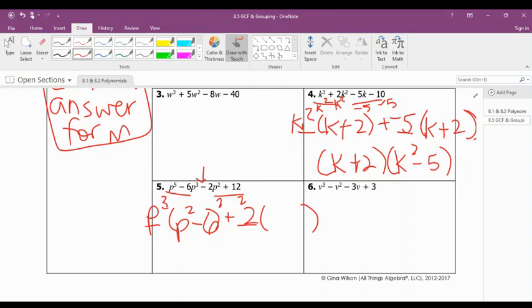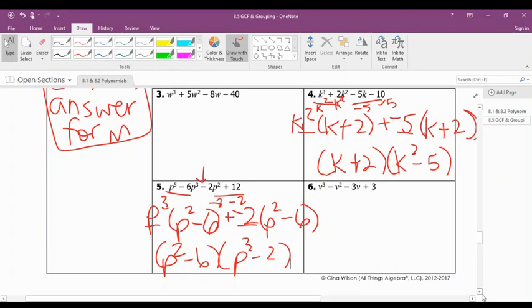So let's see what happens if I take out a negative 2. When that negative is there, you're probably going to take out a negative. So if I divide them both by negative 2, I'm going to have regular p squared, and 12 divided by negative 2 is negative 6. Now they match. I am in good shape. Final answer, 2 sets of parentheses, what matches in 1, and what's left in the other.